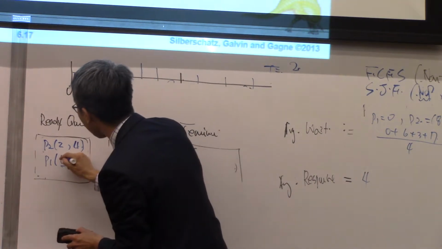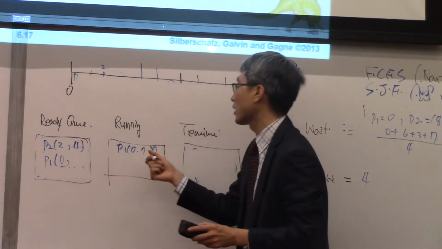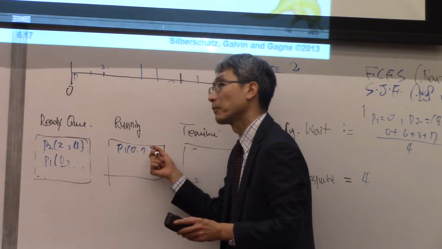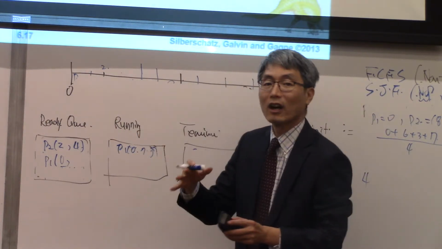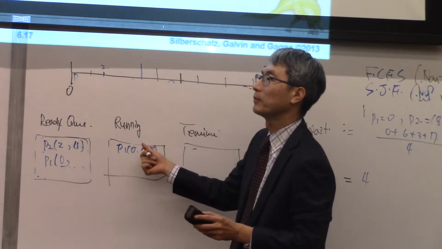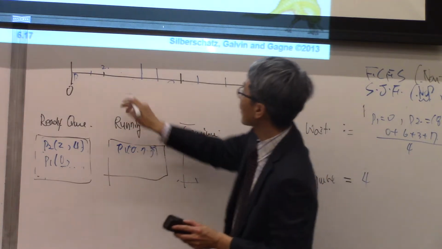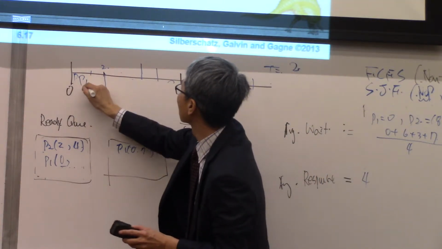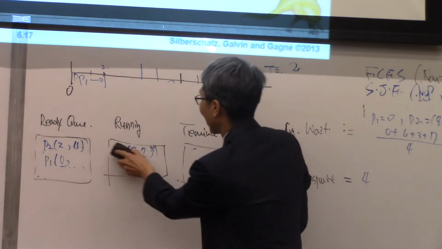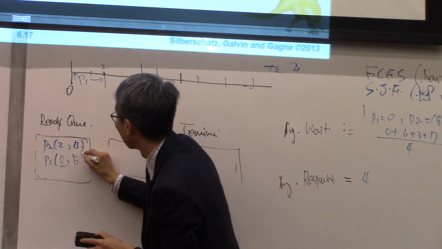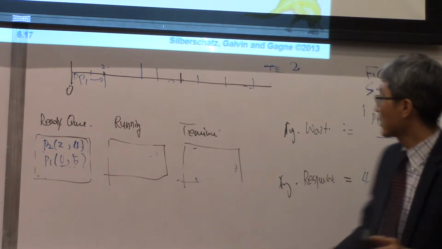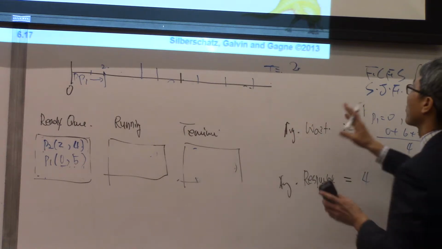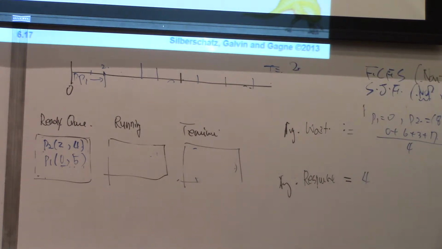P1's arrival time is 0, and the remaining time is 7 minus 2, which is 5. So this is the current status of your computer at time 2.